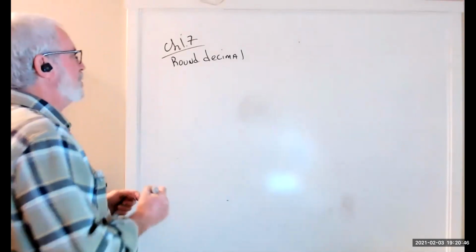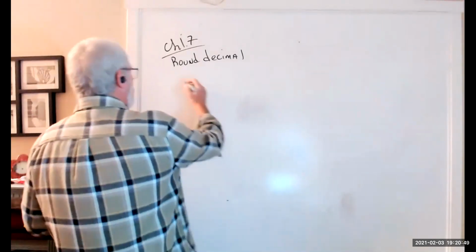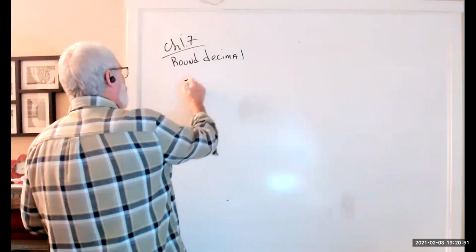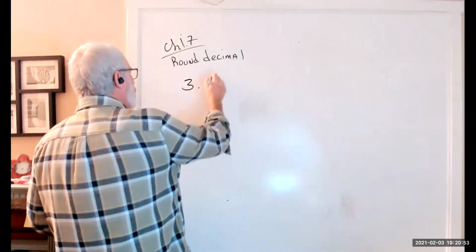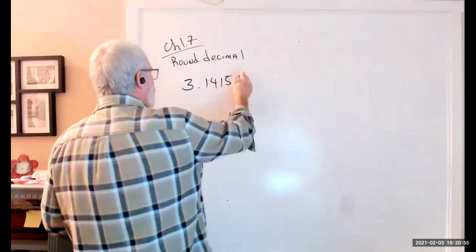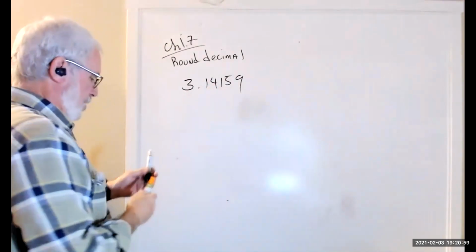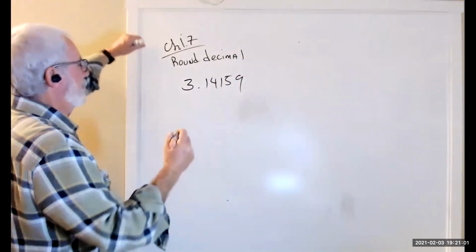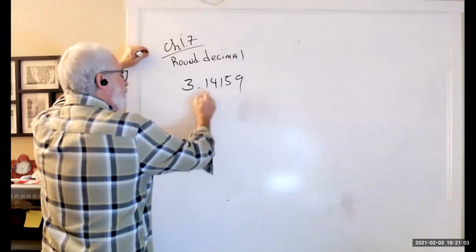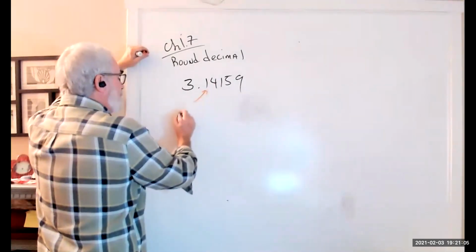Okay, to round decimals, 3.14159, good enough. This place value was called the tenths.